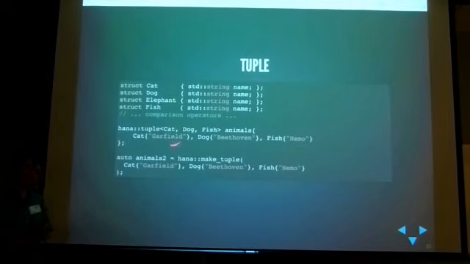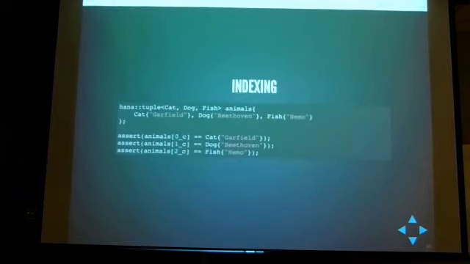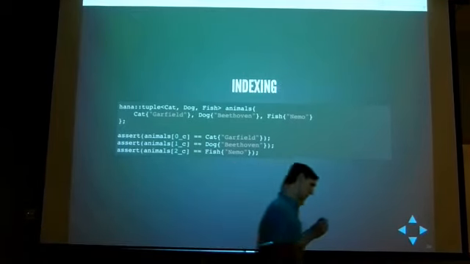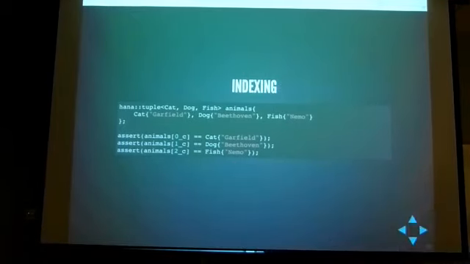But anyway, I don't want to spend more time on that. Now, if you want to index a tuple, you can do so not using std::get, but using your cherished operator bracket, because it's essentially like a vector, right?